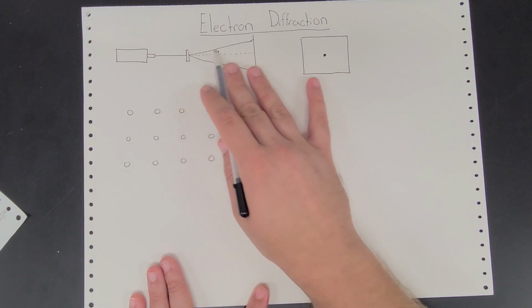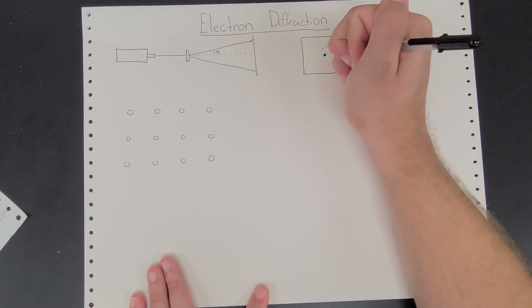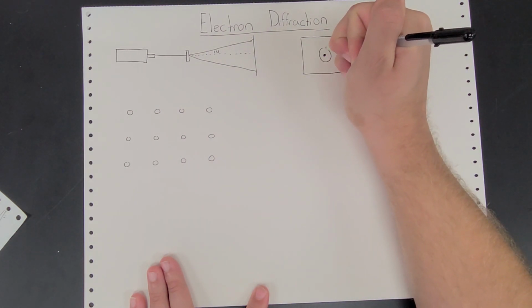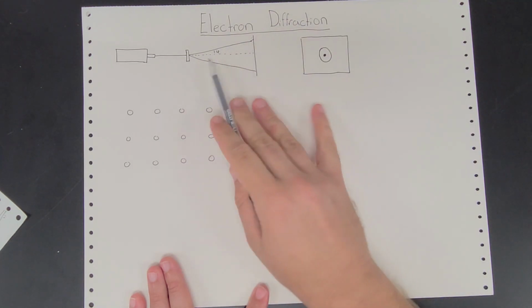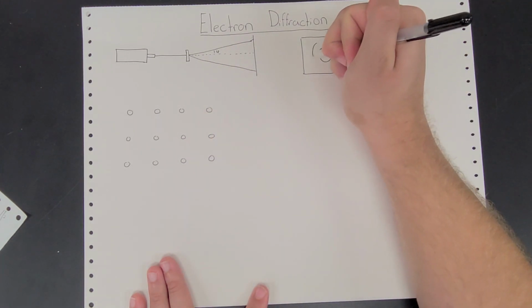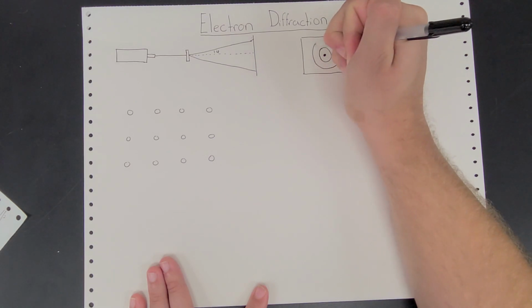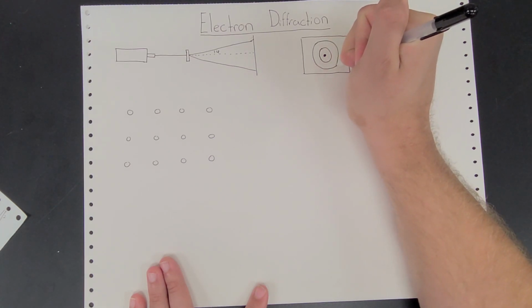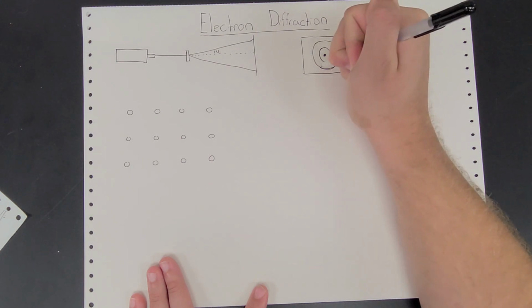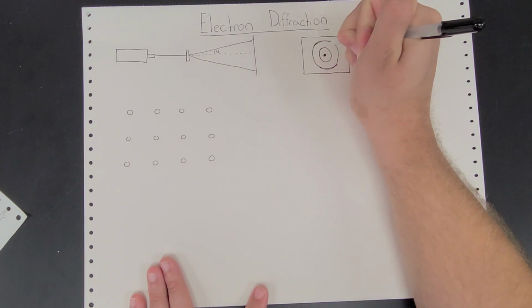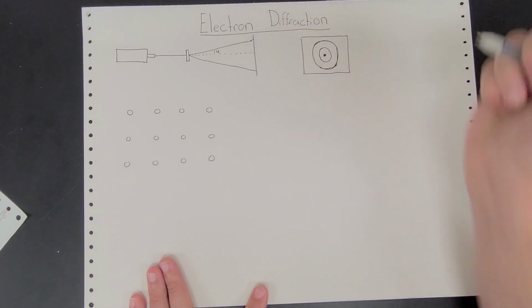And then we'll see various rings that correspond to these different diffraction angles. These rings are where the two outgoing waves have been diffracted and are combining constructively. So all of this should sound very familiar to you.